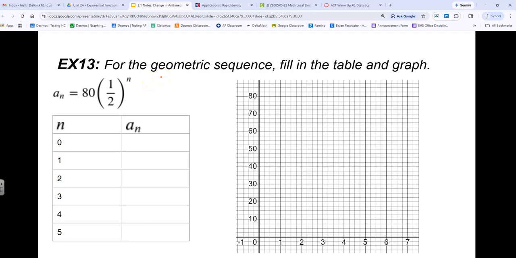So, if I plug in 0, I would have 80 times 1/2 to the 0 power. What is 1/2 to the 0 power? It's 1. Anything to the 0 power is 1, so I'm going to get 80 here. If I do the first power, 80 times 1/2 to the first power, that's going to be half of 80, which is 40.